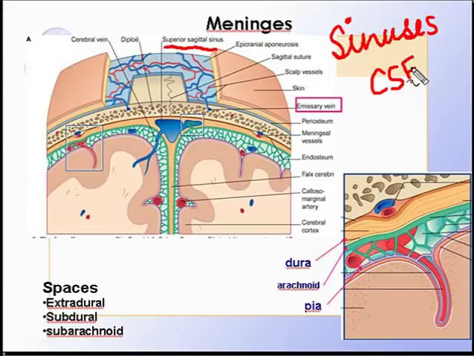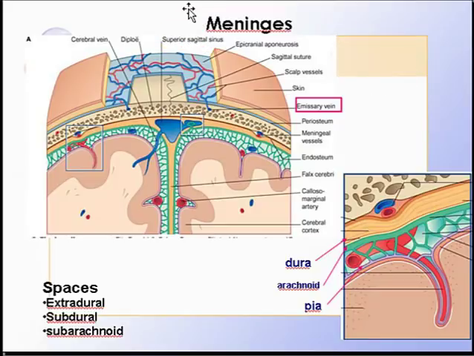The most important venous sinus is the superior sagittal sinus. You have other venous sinuses present, and when we do the blood supply of the brain we'll be looking at that. So that is the dura mater, and outside the dura mater, that means between the dura mater and the skull, the space outside the dura mater is known as the extradural space.